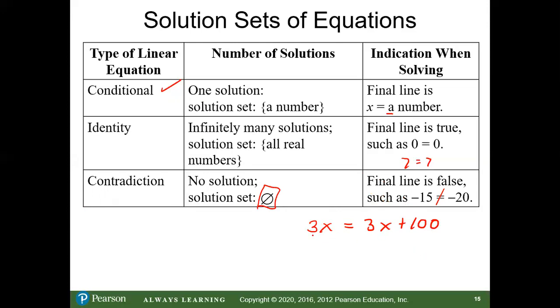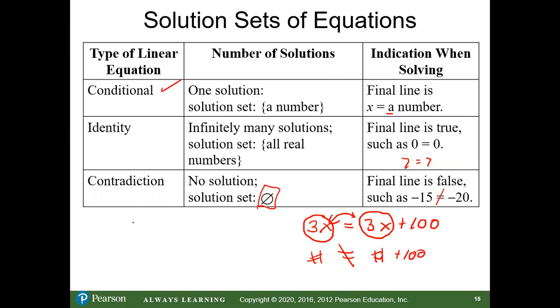Well, there's no way that this is ever going to lead to a valid solution because this 3x right here is the exact same number as this 3x right there. These guys are the same. But the problem is on the right-hand side, I'm also adding 100 to it, but on this side, I'm not adding 100 to it. So these will never be equal to each other because you're adding 100 to it.